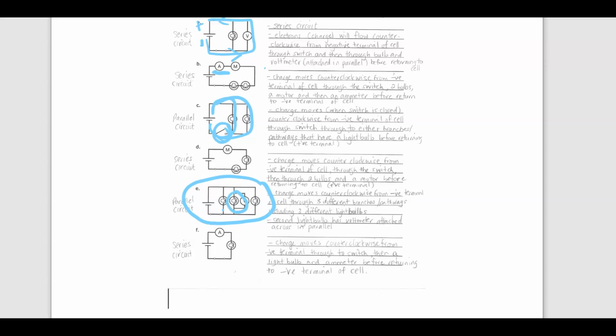Okay, and one thing that I'm going to talk about in another lesson, but I thought it makes sense to talk about it here, because you were doing that Gizmos activity earlier today, and you noticed there's differences between the brightness in bulbs when you are looking at a series circuit compared to a parallel circuit.